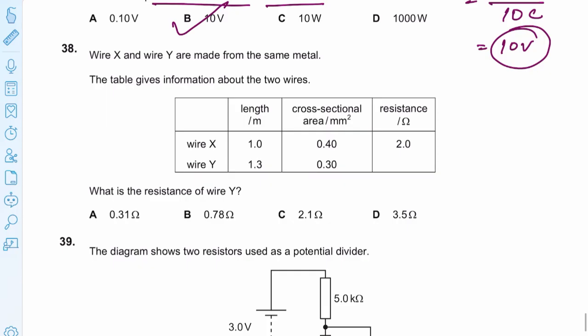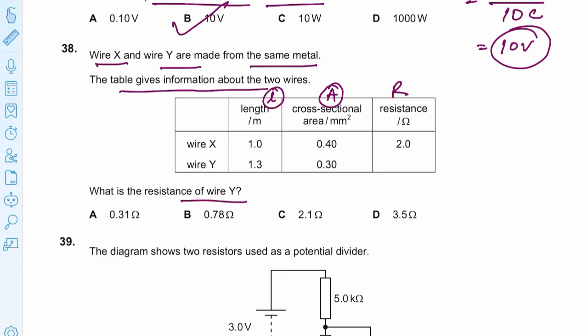Next, wire X and wire Y are made from the same metal. The table gives information on the two wires: length L, cross sectional area A, and resistance R. The question is, what is the resistance of Y?